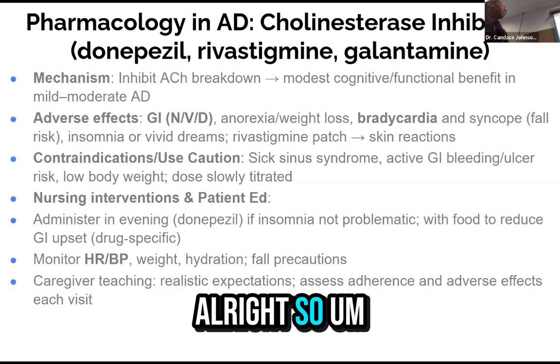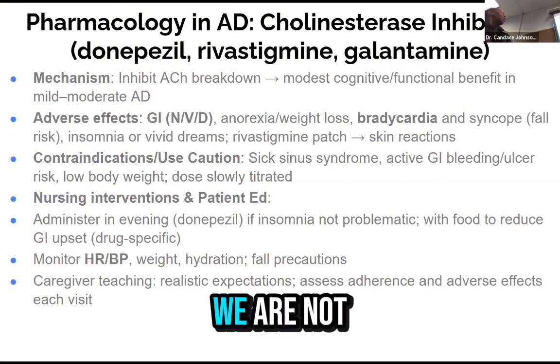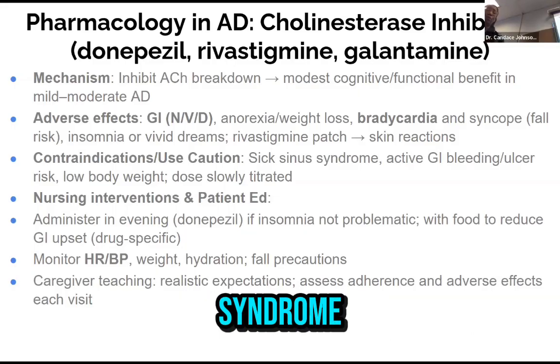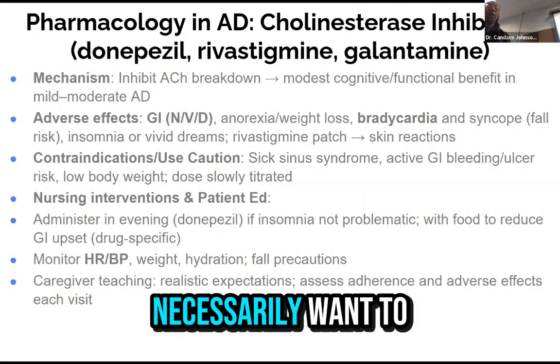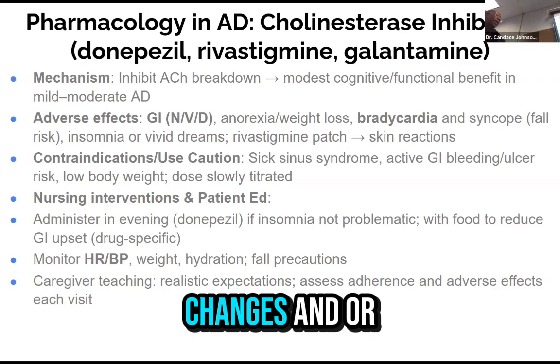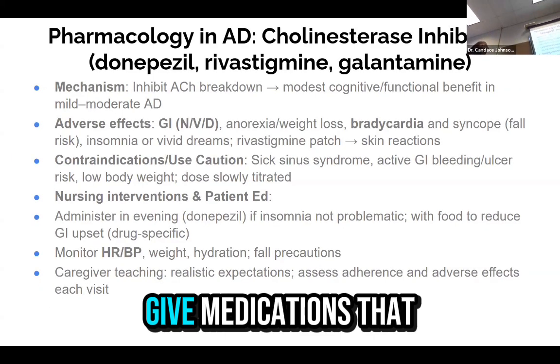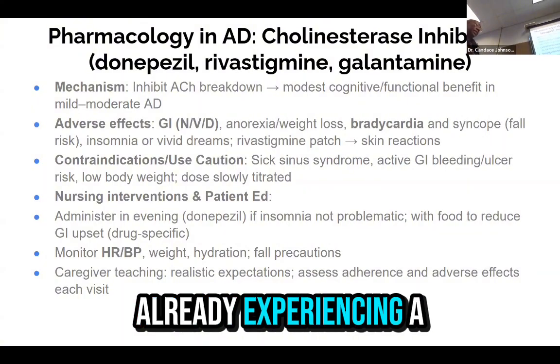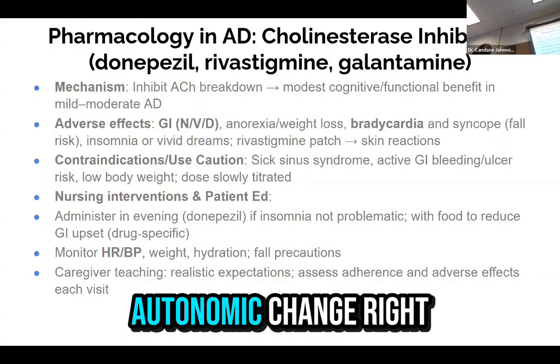All right, so contraindications. We are not going to be using cholinesterase inhibitors with a patient who has sick sinus syndrome, because we don't necessarily want to give medications that will cause autonomic changes in a patient already experiencing a certain level of autonomic change, right?